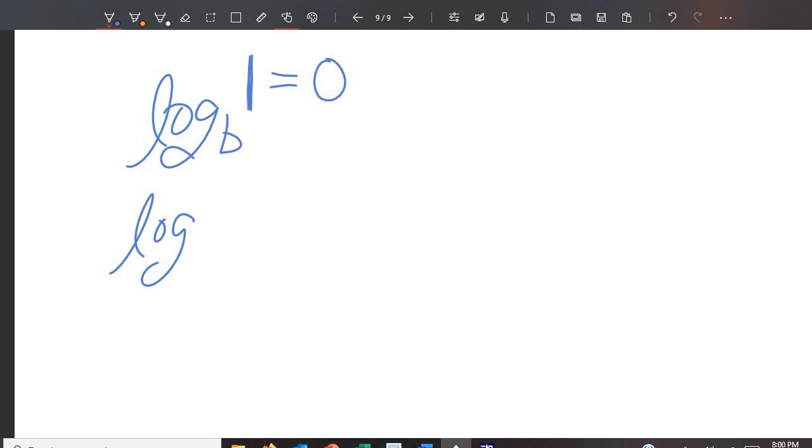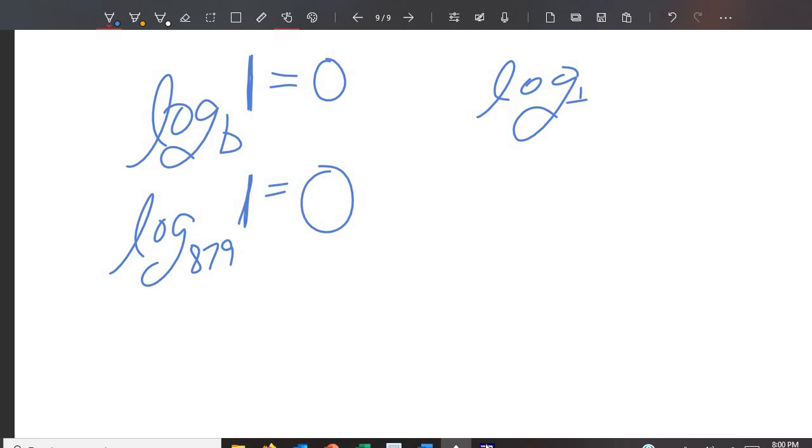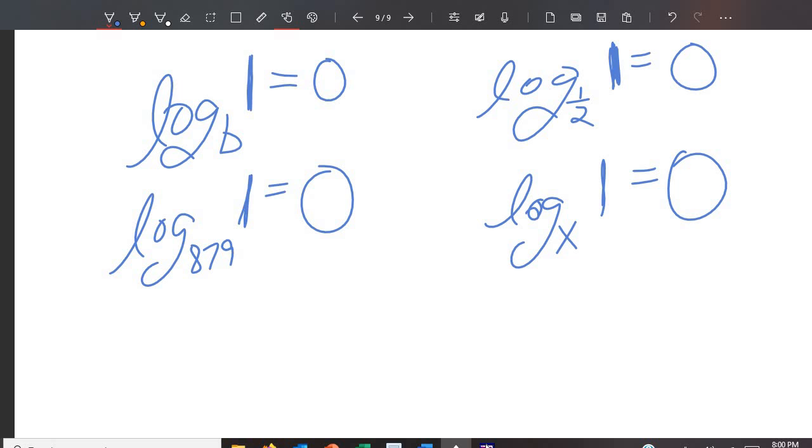If let's say my base was 879 and I put a 1 right here, the answer is automatically 0. If I have log of base 1/2 and this is a 1, the answer is automatically 0. If my base is x, and there's a 1 here, guess what? It's automatically 0.